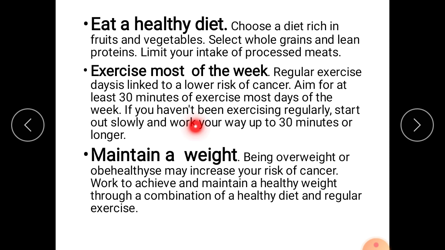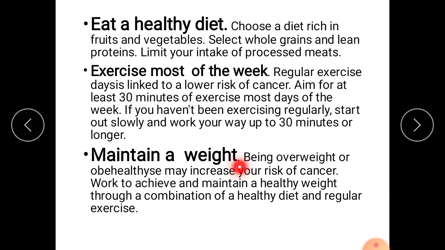If you have not been exercising regularly, start out slowly and work your way up to 30 minutes or longer. So regular exercise is required for keeping ourselves healthy.